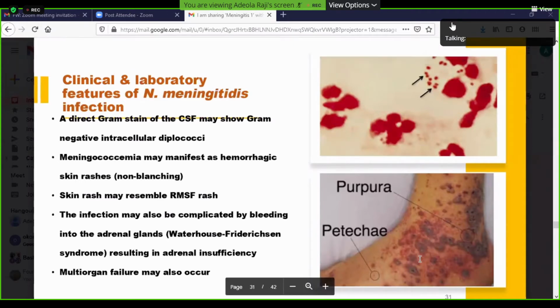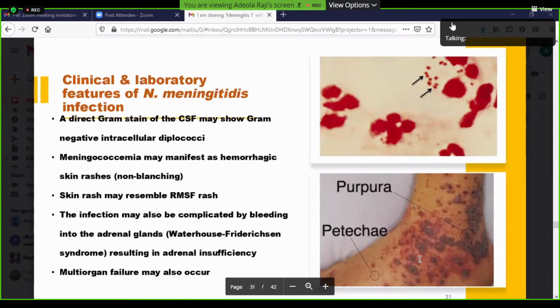Now, it's important to note the non-blanching feature of the rash due to meningococcemia, because the skin rash may resemble that of Rocky Mountain spotted fever, the RMSF rash.